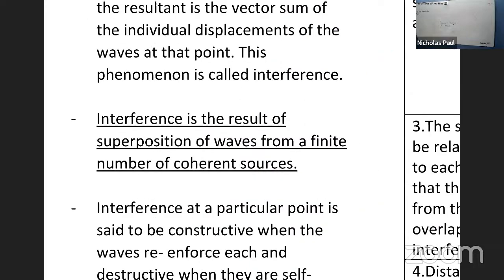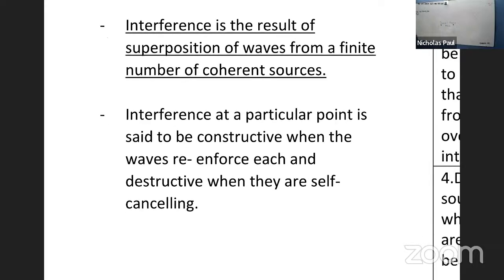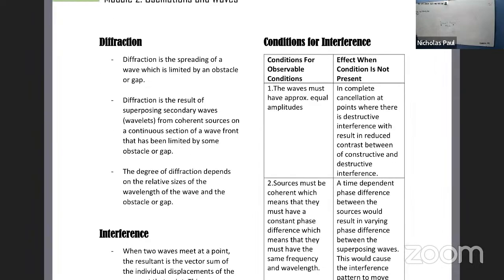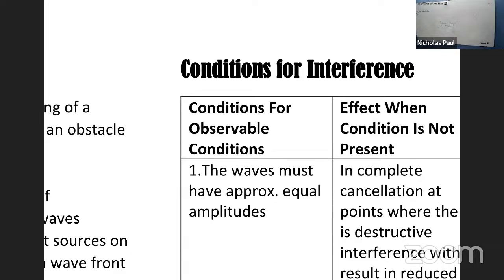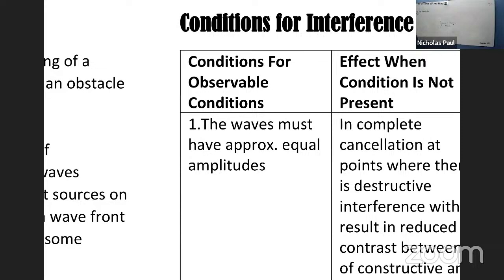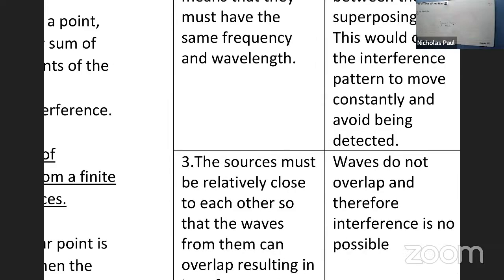Interference is the result of superposition of waves from a finite number of coherent sources. Interference at a particular point is said to be constructive when waves reinforce each other and destructive when they are self-canceling. We are really going to focus on interference today. So, what are the things that affect the interference pattern? Try to remember this.